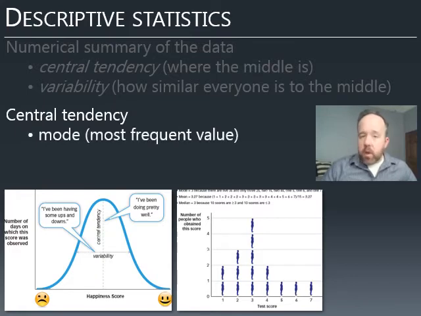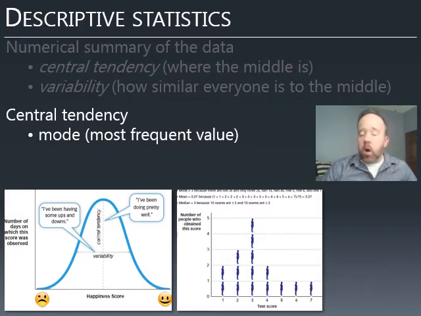One is the mode, which is the most frequent value. In this new picture on the right, you can see all the observations that were made. In this case, the observations are test scores. And again, the y-axis is how many observations of a given value were made. In the left picture, we have this nice curve. In the right picture, we have individual observations. But in both cases, we can say what the mode is.